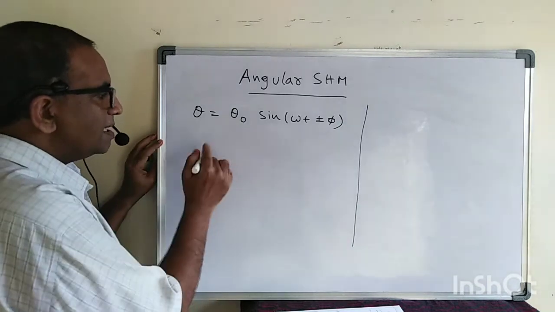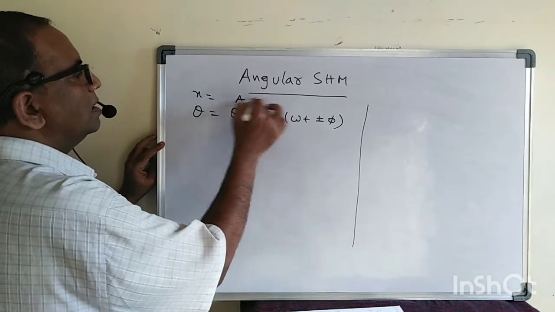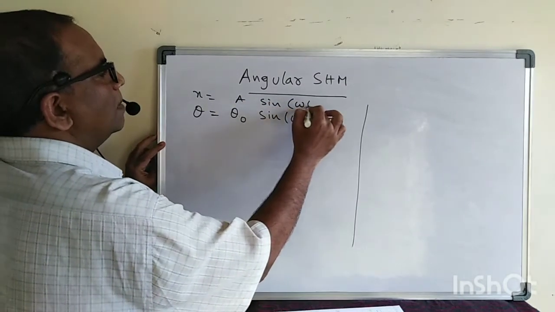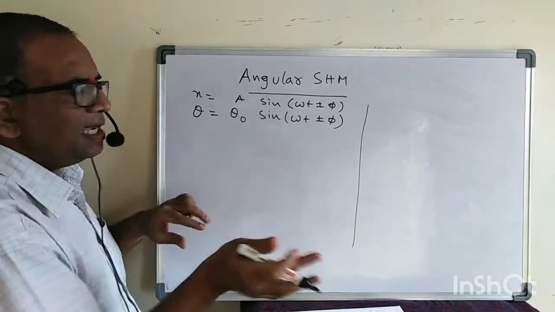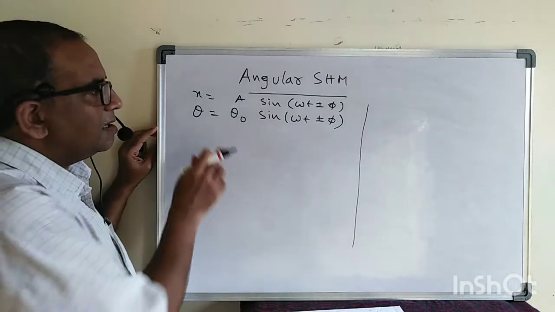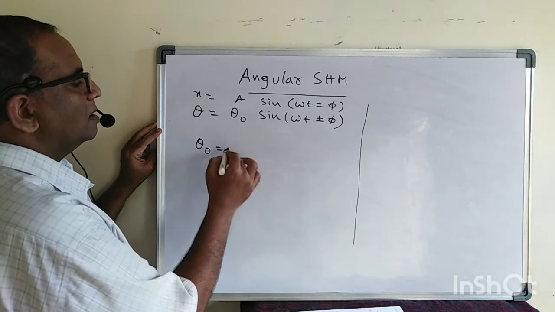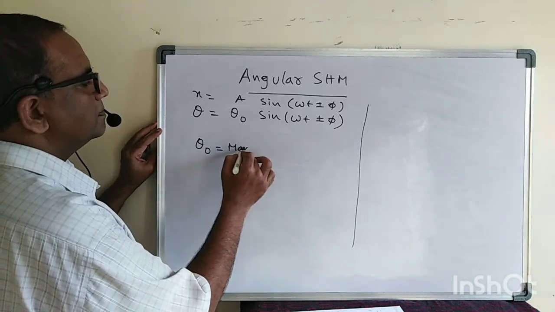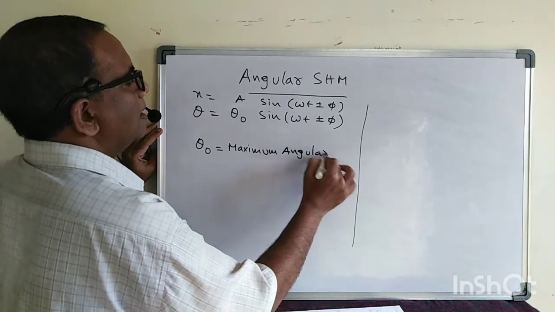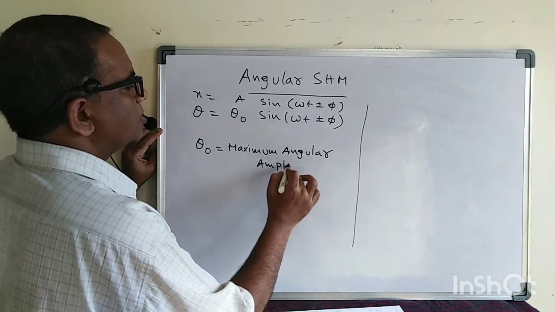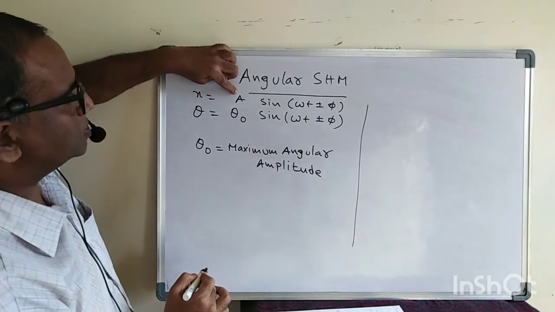Just like x equals a sine omega t plus or minus pi earlier, in the same model here also. The linear and angular are one and the same, but here we take it in terms of angle. Then what is this theta naught here? Theta naught is called the maximum angular amplitude. So here we will call it the maximum amplitude.